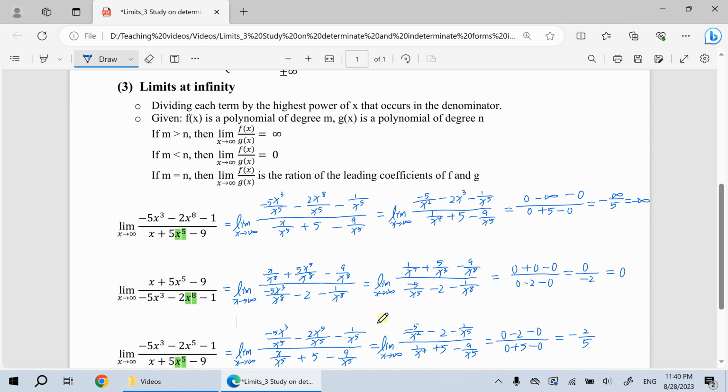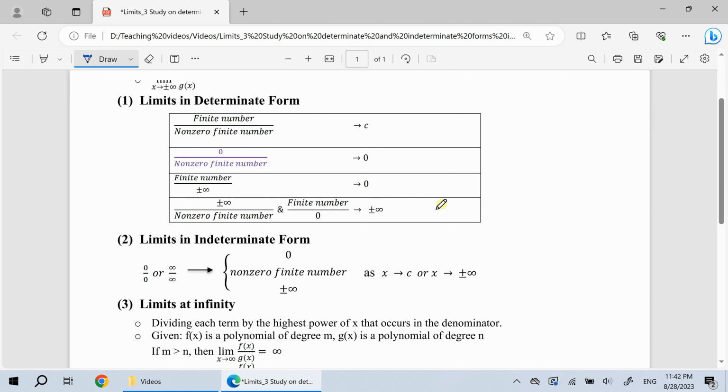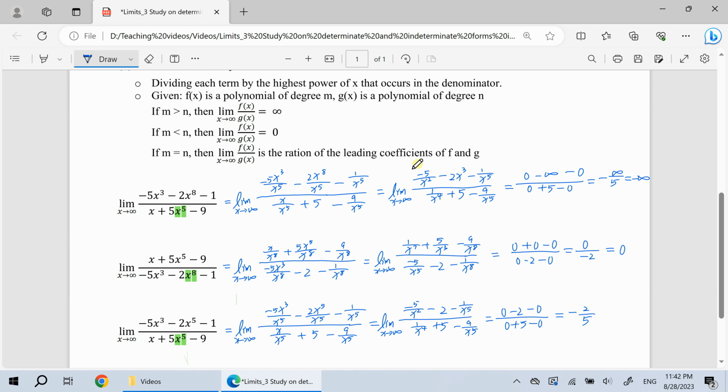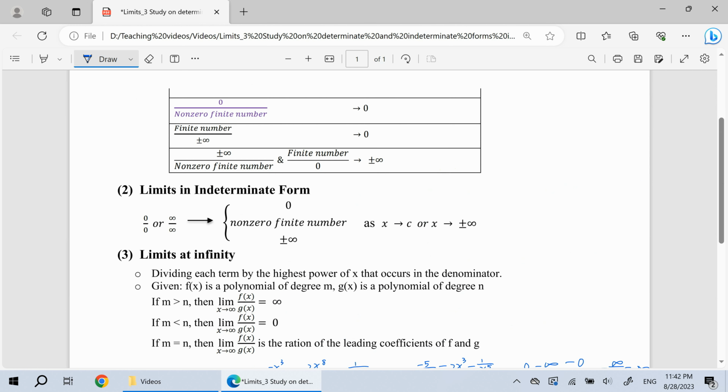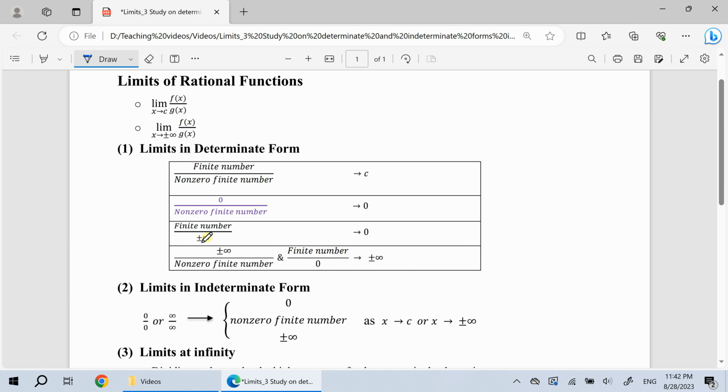Okay, here are all the steps. First, just divide by the highest power of x in the denominator. Then we simplify the fraction. In the next step, based on what we just learned, finite over infinity is 0, and finite over 0 is infinity.